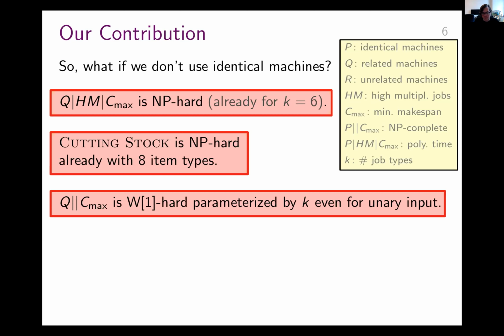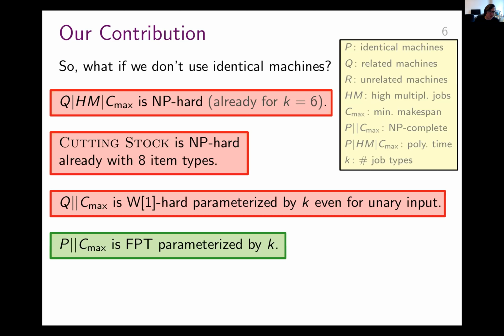We also answer this negatively. Even if the input is encoded in unary and your parameter is k, you can't have an algorithm running in time f of k times poly n, unless FPT equals W[1] or something.